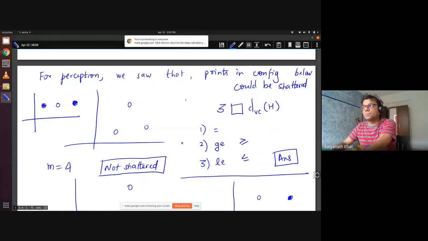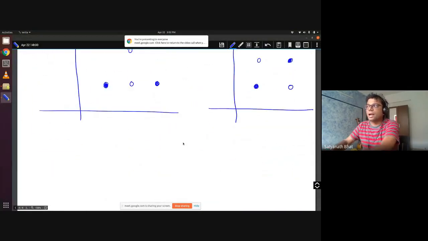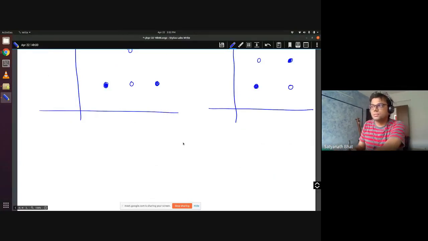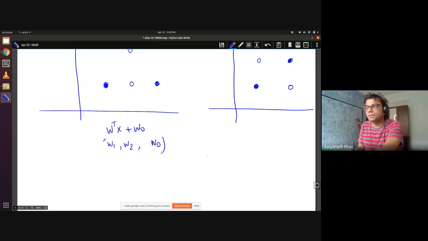The way we understood it is, if you look at W transpose X plus W naught, W here has 2 terms, W1 and W2. So essentially there are 3 terms that define a perceptron, and the VC dimension is also equal to 3.